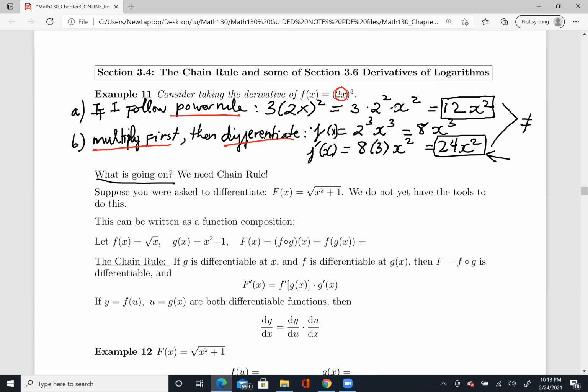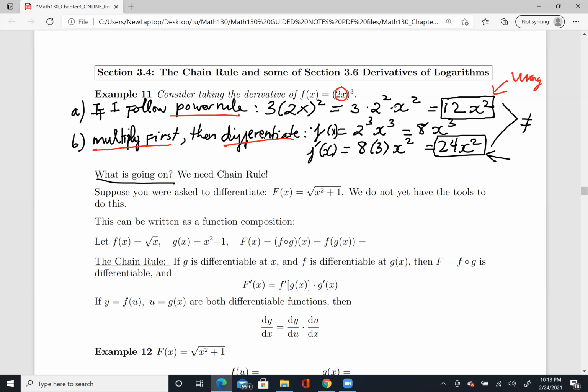It doesn't have combined things here. So in this case, if you apply the power rule that we have learned, it should be a wrong answer.